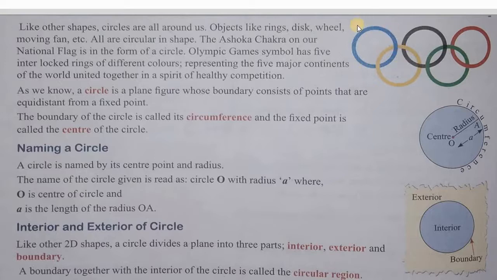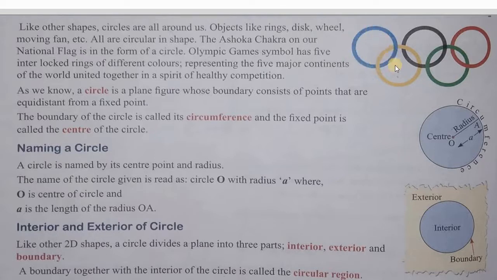You see this circle here, this blue part is the boundary of the circle. The circle's boundary consists of many points at equal distance from the fixed point.